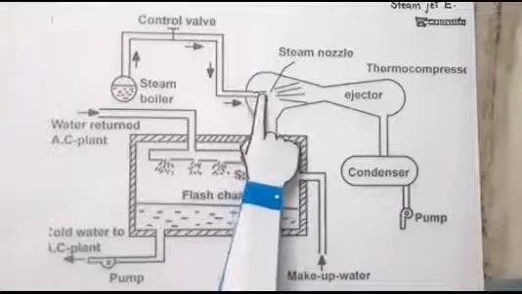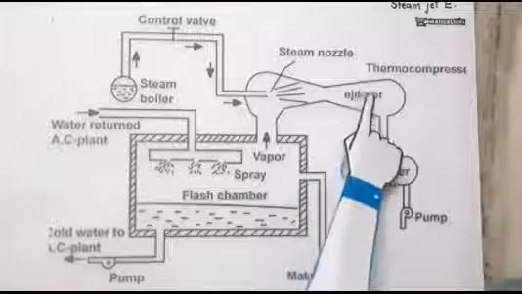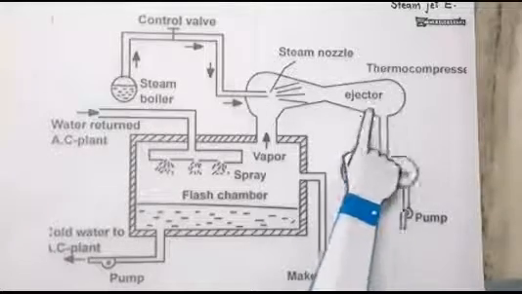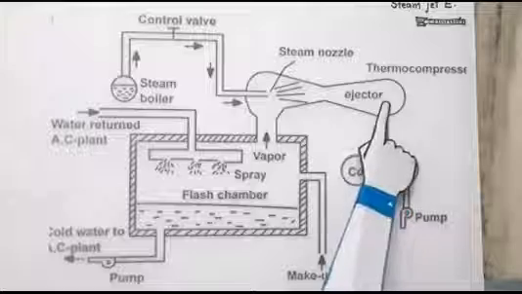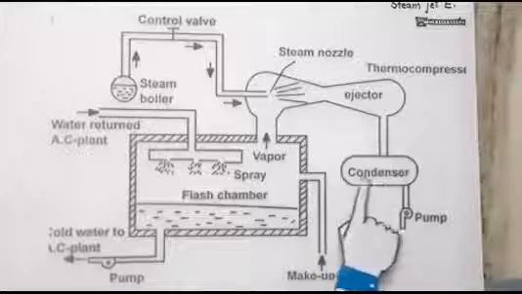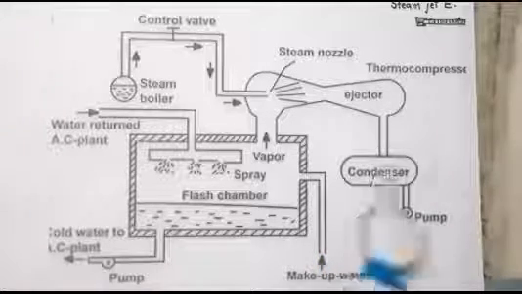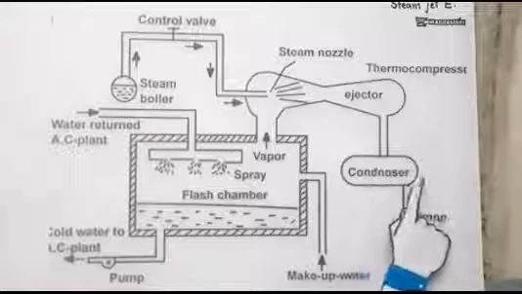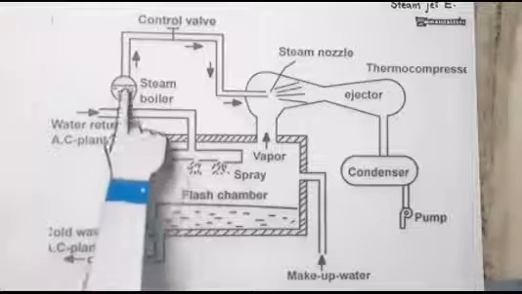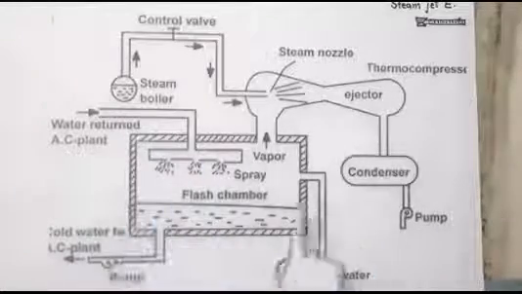Also, as its pressure increases in the divergent part, it will start condensing. That condensed and mixed steam will go to the condenser, where it will extract its heat outside the system, and then the condensed steam, that is now water, will be pumped again to the steam boiler. That's how this cycle will continue and will give us the cooled water.